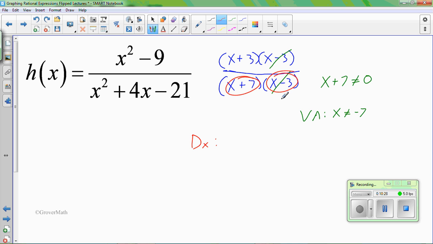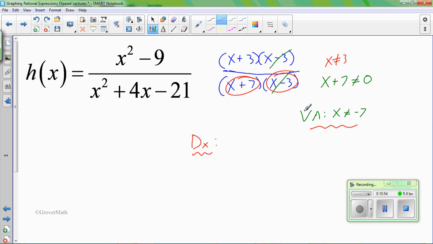Now we crossed out the x minus 3 here, but that's still a number that x cannot equal, +3. X cannot equal +3 because that would make your original expression undefined, because it's a factor of the denominator. But it's not a vertical asymptote because they get crossed out.